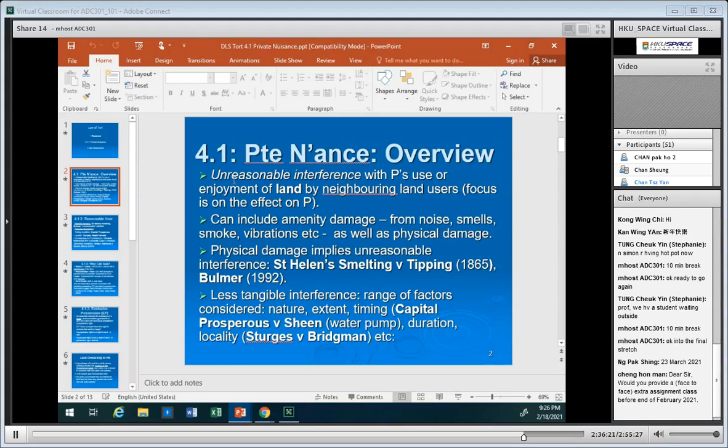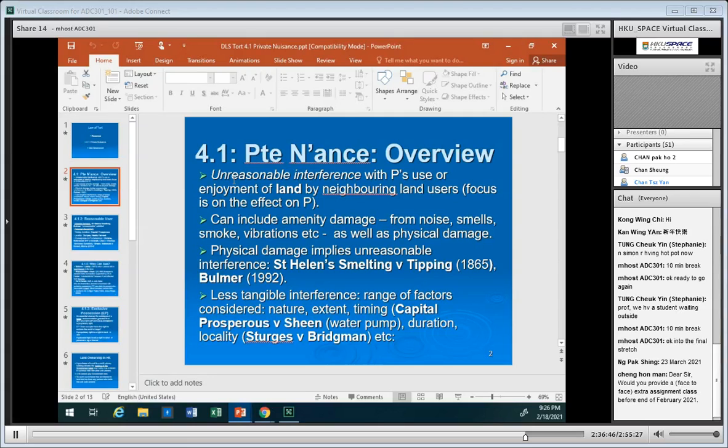Okay, private nuisance is unreasonable interference with the plaintiff's use and enjoyment of land. Full stop. That would be it. I've also got by neighbouring land users, but normally that's a given. Okay, so the focus is on the effect on the plaintiff. Okay, and his land. Okay.